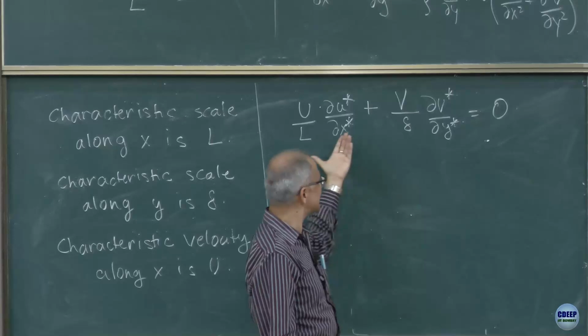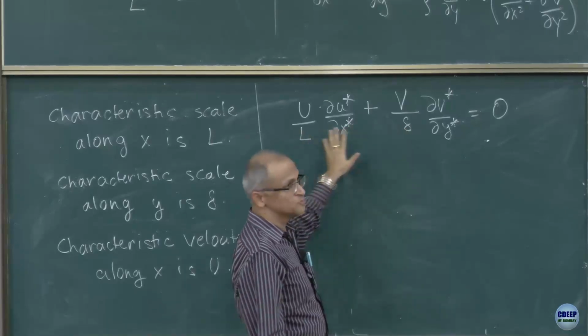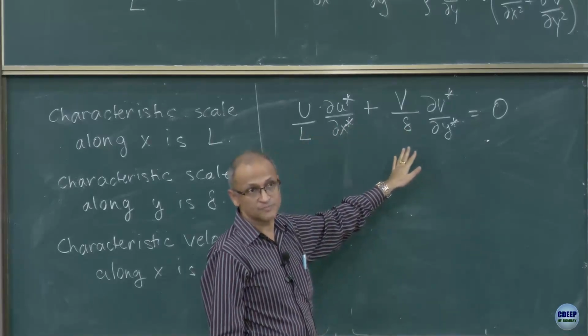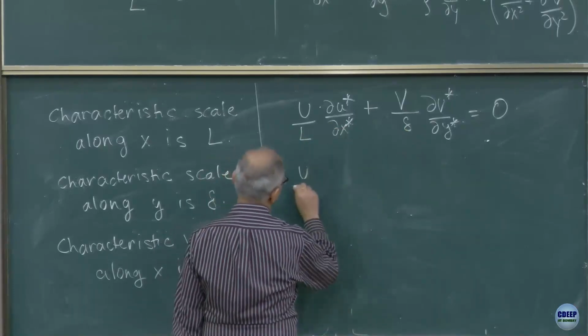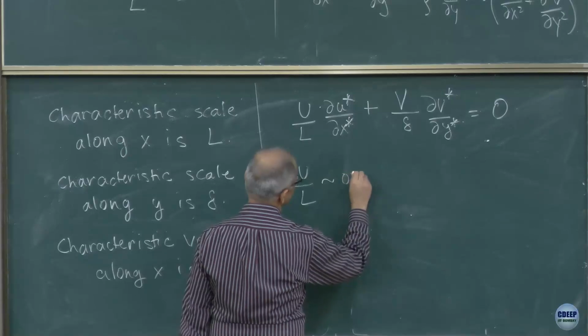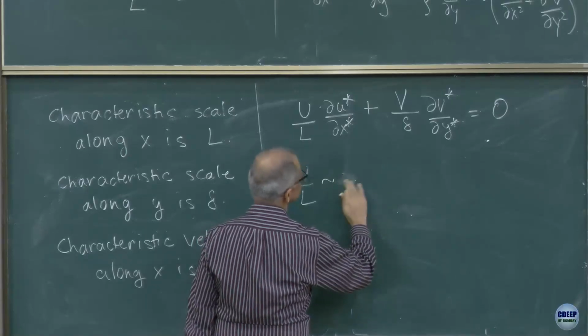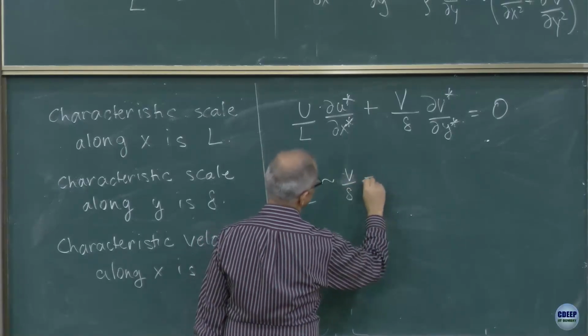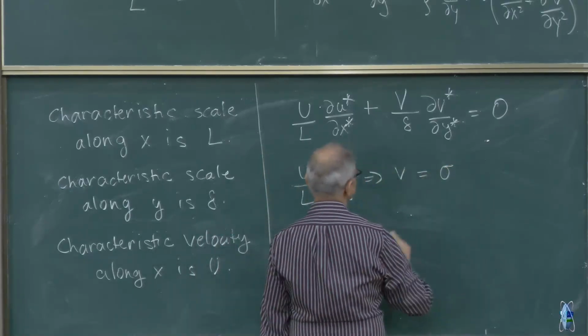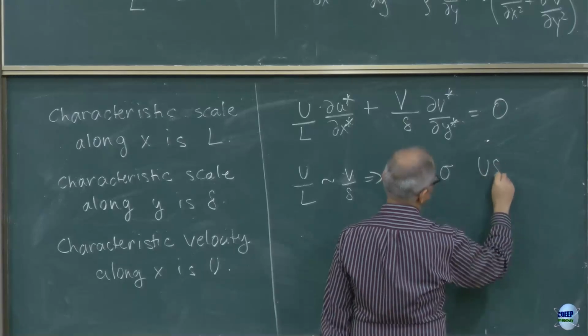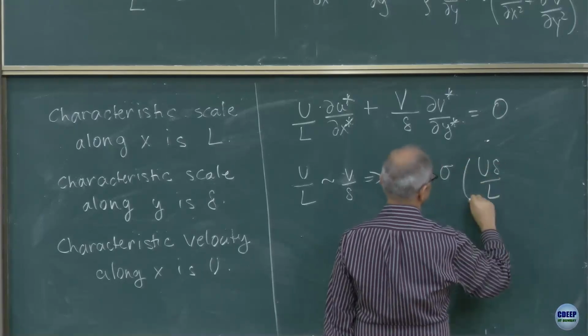So this is of order of magnitude 1, and therefore these should be of the same order. So that means that U by L is of the order of V by delta. So V should be of the order of U times delta upon L.